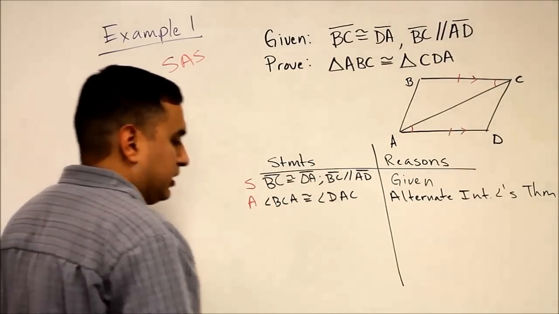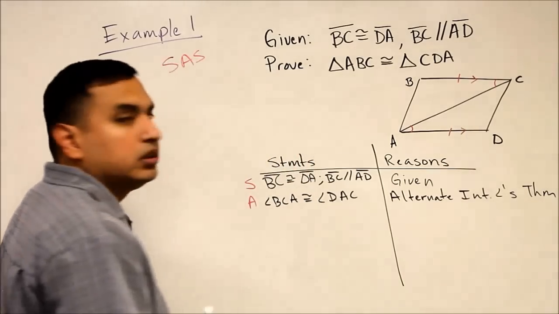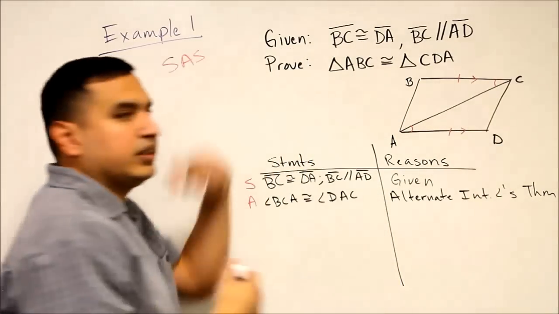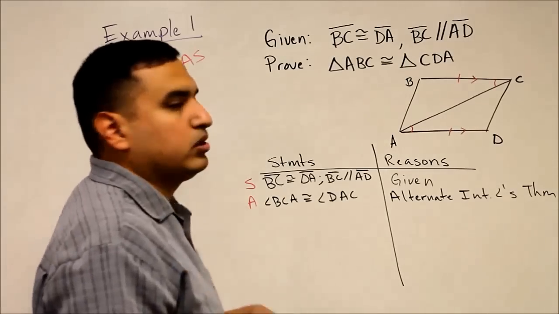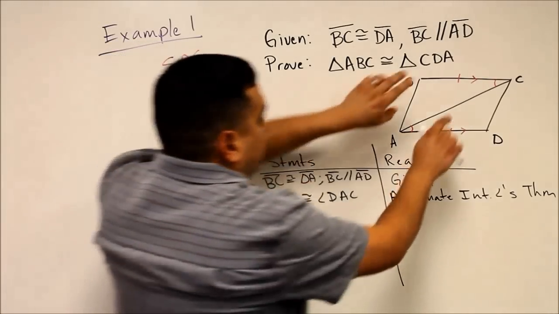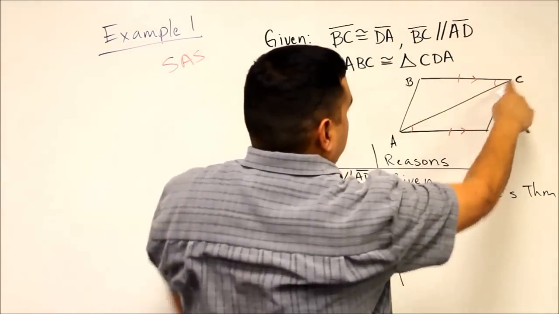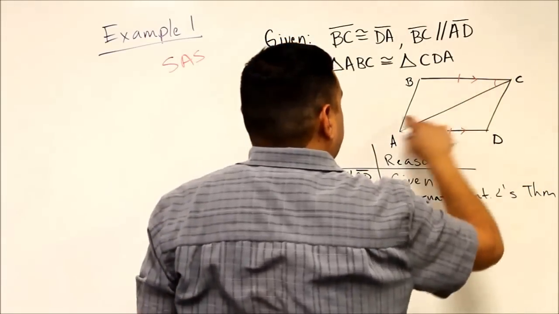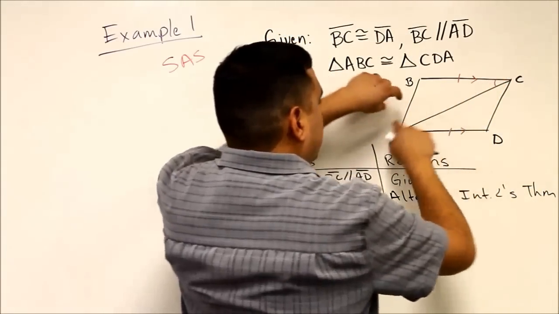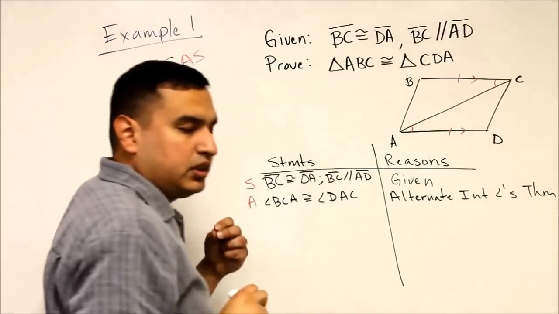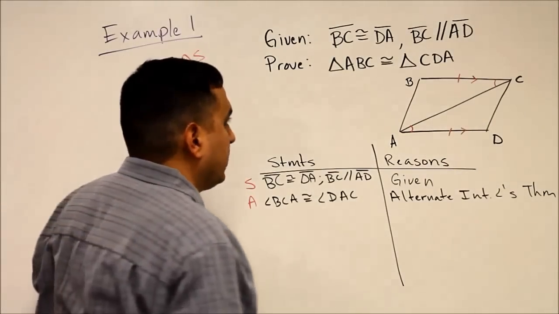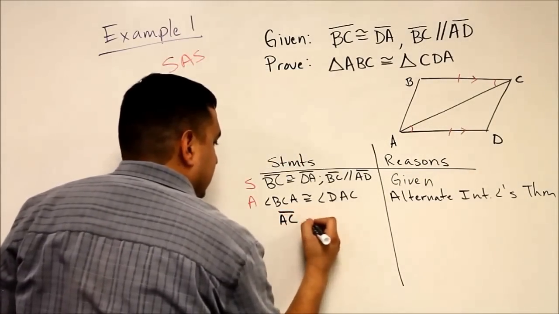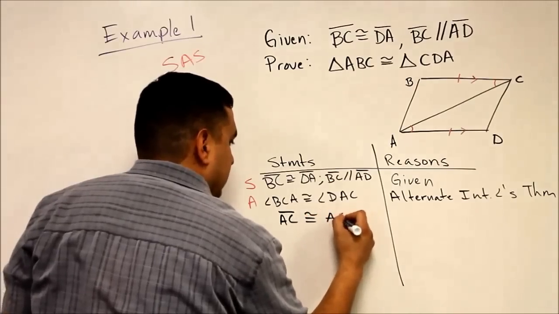Now I need another side. There's nothing that tells me this side is congruent to this side, and I don't have any information to conclude that. But I do have two triangles that share this side. I can pull them apart, and AC, this segment in the middle, is part of both triangles. So I can say that AC is congruent to segment AC.